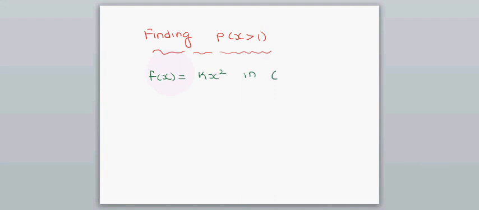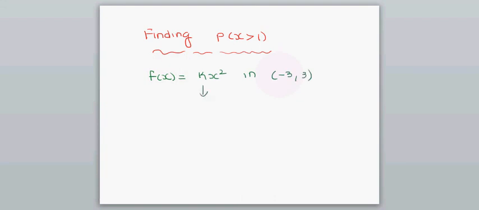So let me take finding the probability of x greater than 1. In case of a continuous function, first let us see what is the given function we have. f(x) is equal to kx² in the interval -3 to +3.